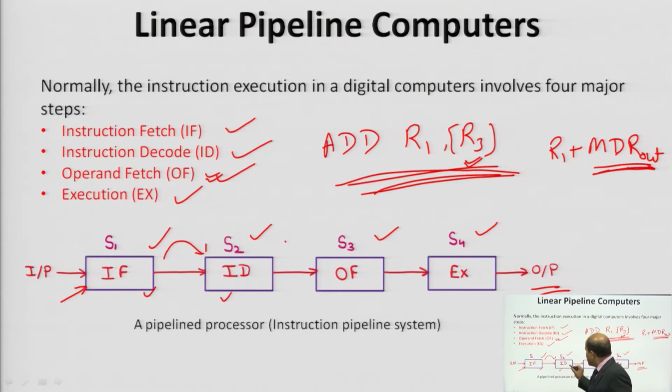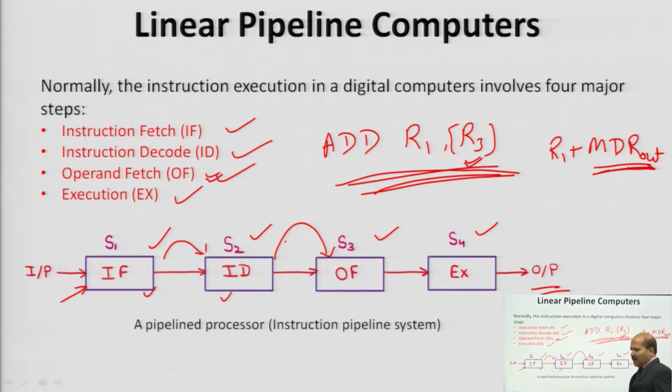This segment is decoding the first instruction, and in parallel the second instruction has been fetched. After decoding, the first instruction is given to the third segment, that is the operand fetch step, and the second instruction is decoded, and the first segment is free. Now, it can fetch the third instruction.